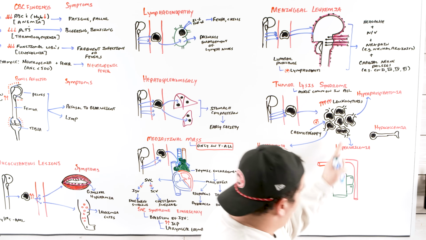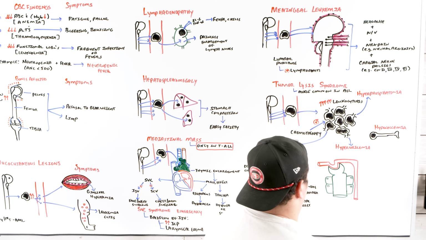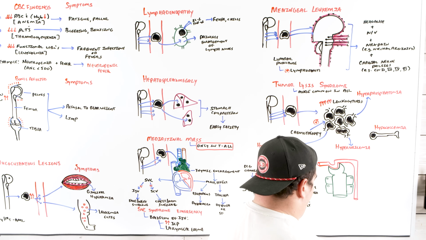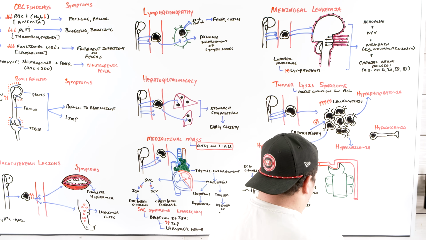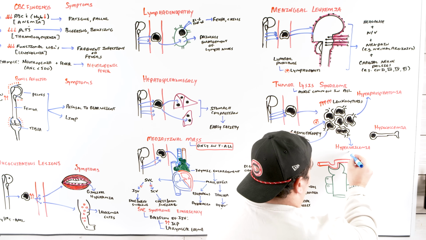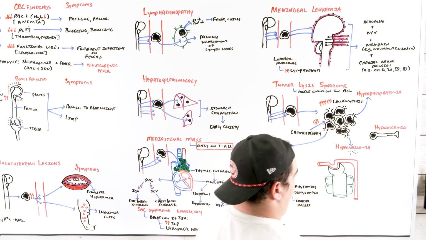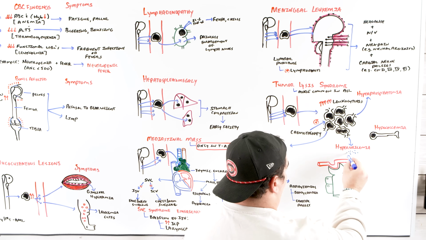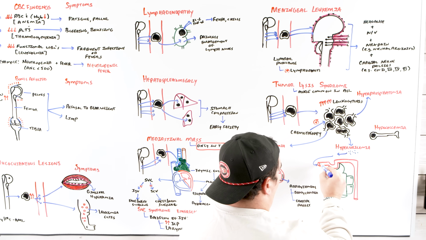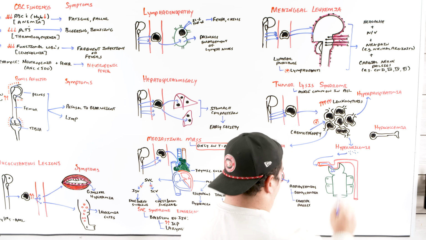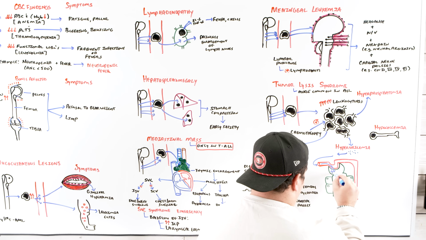Now, hyperuricemia is where it kind of gets scary. Whenever you have lots of uric acid, let's represent it with this little blue dot here, this is your uric acid. When these little guys move across the glomerulus, what we see is that these little sons of guns are super toxic.